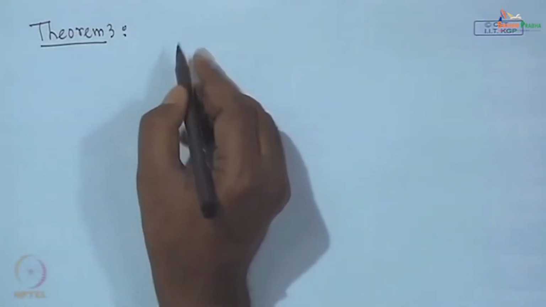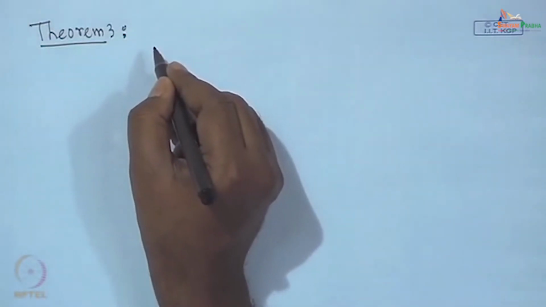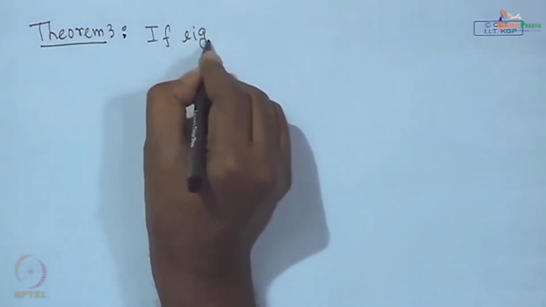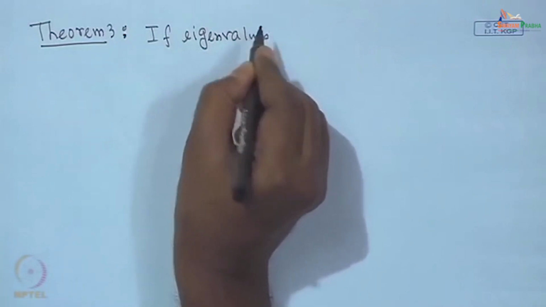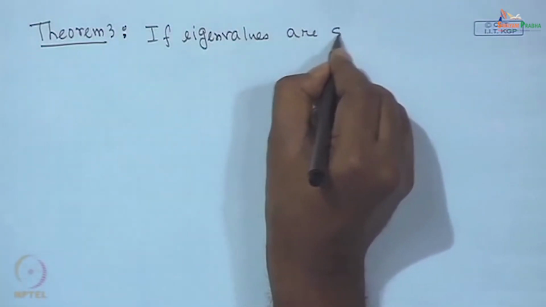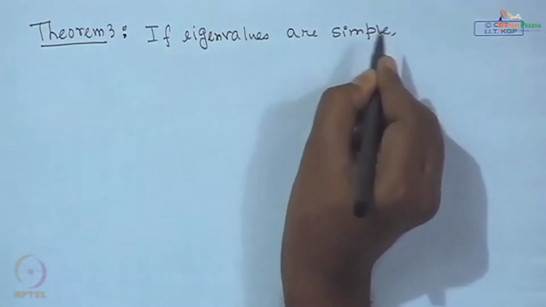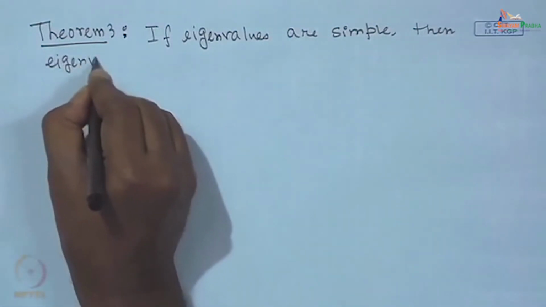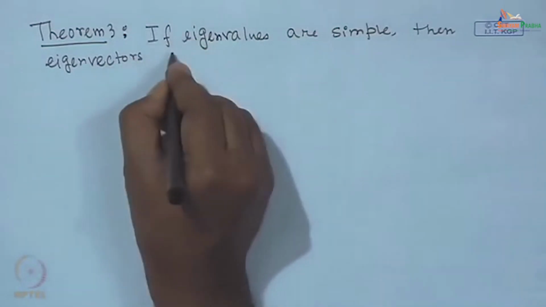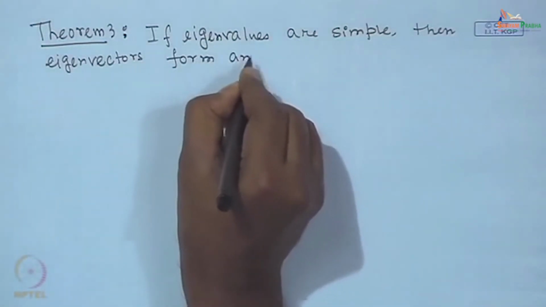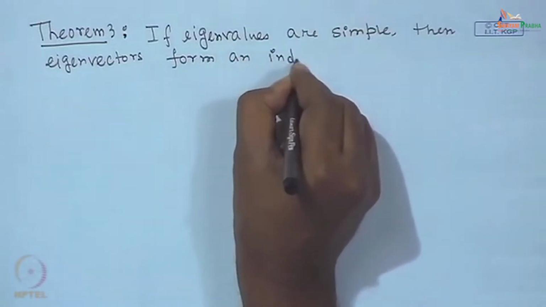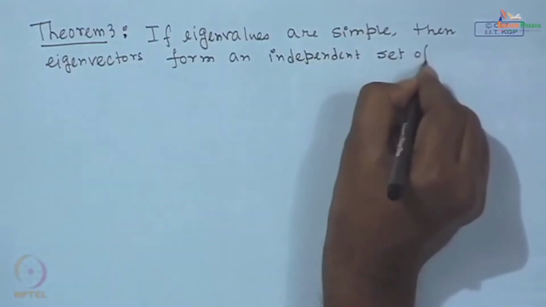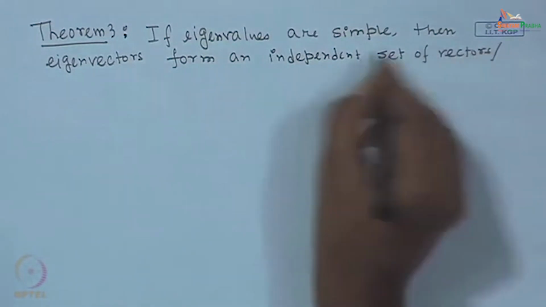This says if eigenvalues are simple, simple means there is no repetition of the eigenvalues, they are distinct, then eigenvectors form an independent set of vectors or a basis set.